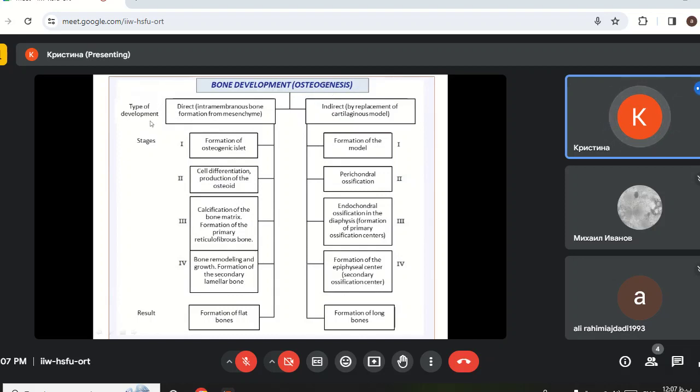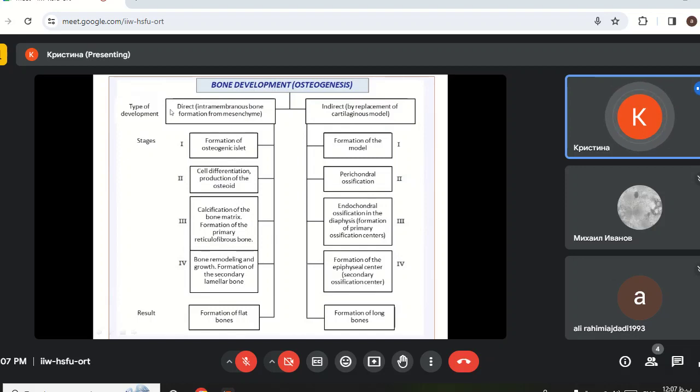So bones can develop in two ways: direct and indirect. Direct is also called intramembranous bone formation, and indirect is also called formation by replacement of the cartilaginous model.